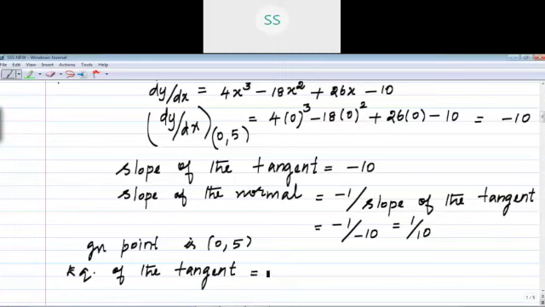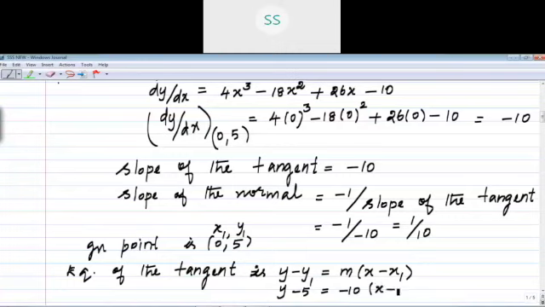Equation of the tangent is y minus y1 equal to m into x minus x1. Here what is your y1? 5. What is your x1? 0. What is given, that you consider as x1 comma y1. Now y minus 5 equal to, slope of the tangent is what? Minus 10.